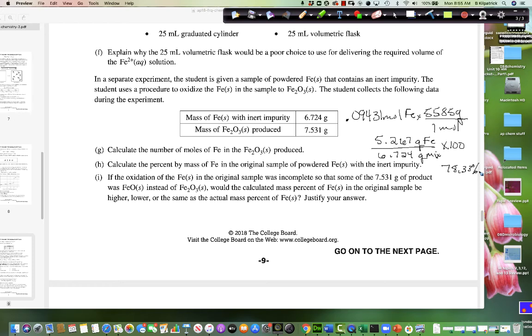Okay, so the calculated mass percent of iron would be lower if this was true. A sample that contains FeO instead of Fe2O3 will have a higher actual mass percent of iron than a completely oxidized sample. So when the moles of the iron are calculated, assuming that the mass is all Fe2O3, the calculated number of moles of iron would lower the mass percent of the iron.